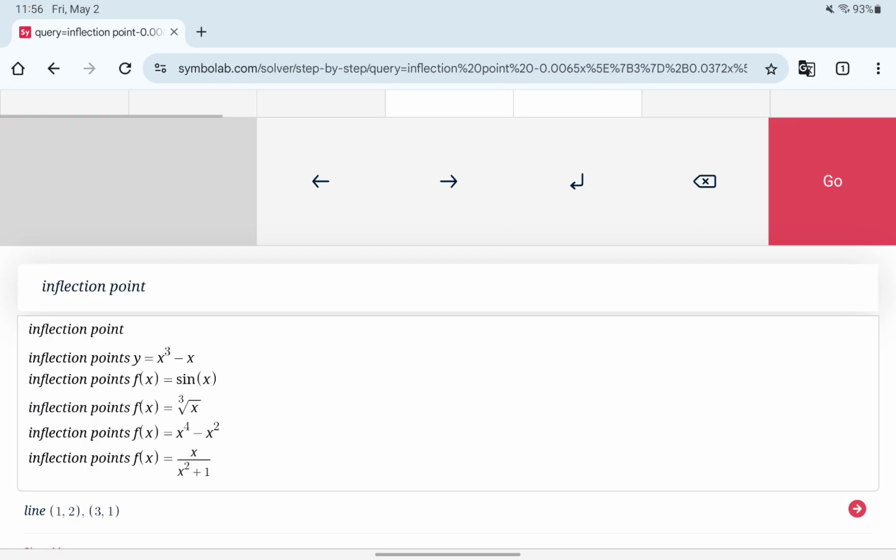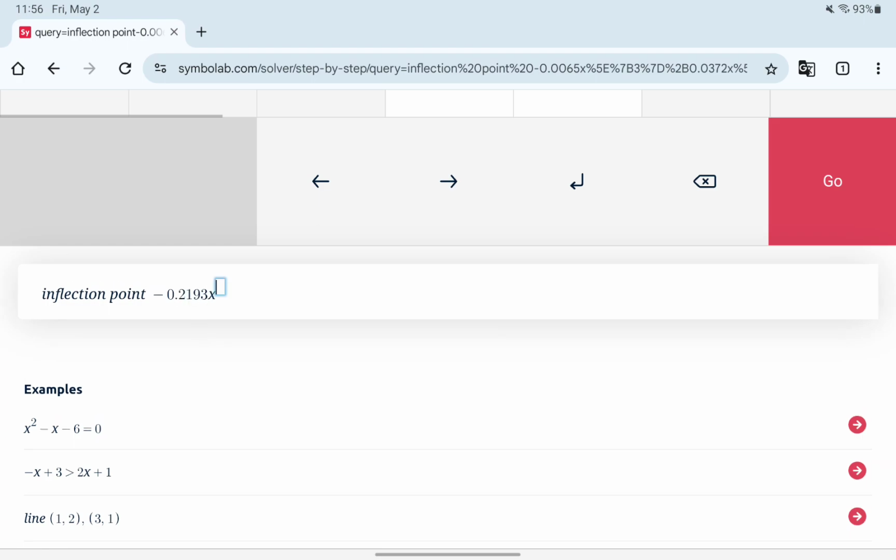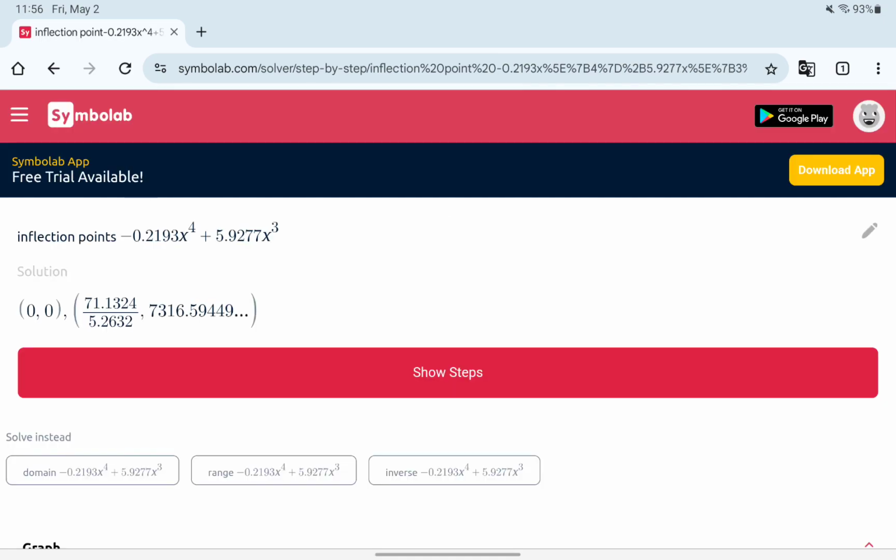So we want to find inflection points for negative 0.2193 x to the fourth plus 5.9277 x cubed, and we get two results, 0, 0, and this, not quite a fraction because it's made with decimal values, but this non-zero point.